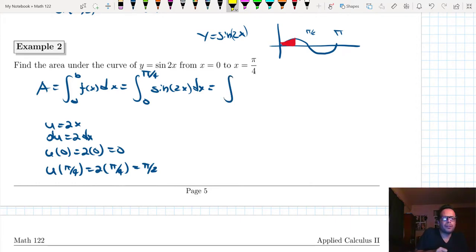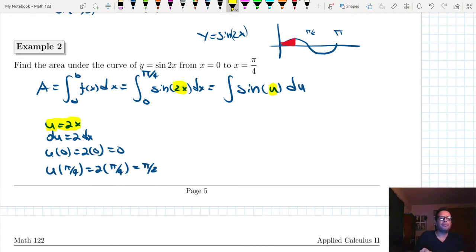All right, so u will take the place of 2x, right? Let me write it down so you can keep track of this. So u equals 2x, right? That's where the substitution comes from.